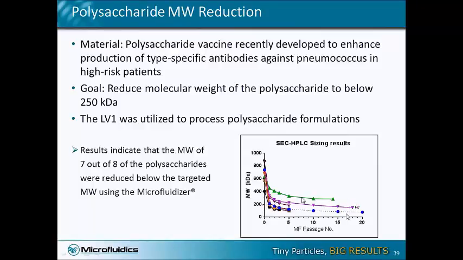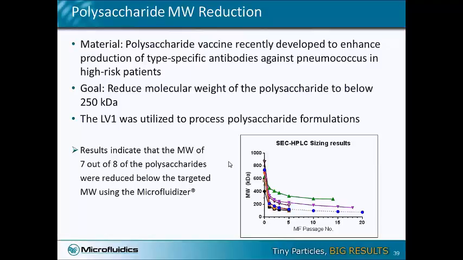Some of them only require a few passes, and some require a little bit more passes to achieve the desired molecular weight. Only one, shown in the green curve, did not meet the requirement because the reduction rate is not fast enough. But overall, the Microfluidizer is very efficient at reducing the molecular weight of polysaccharide.